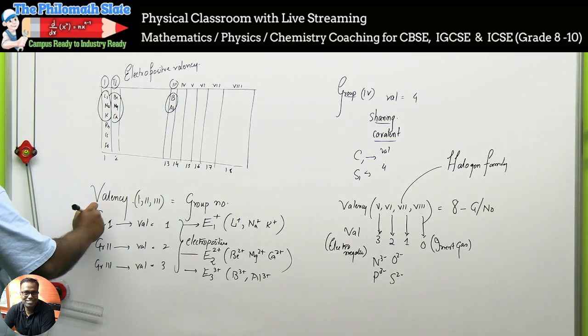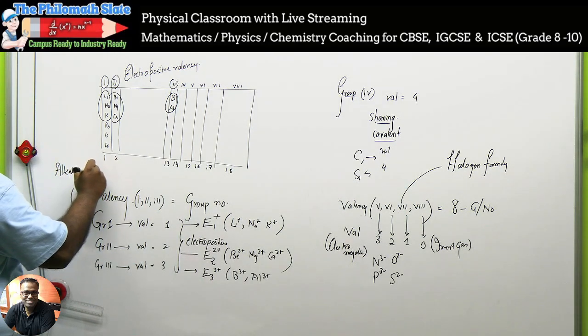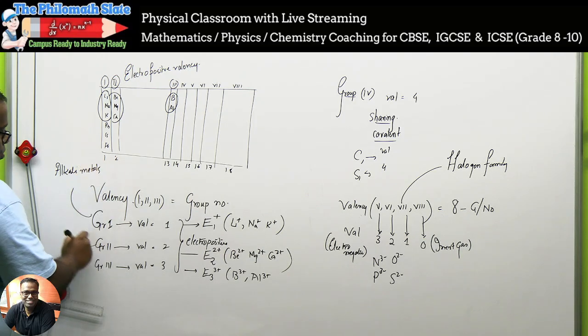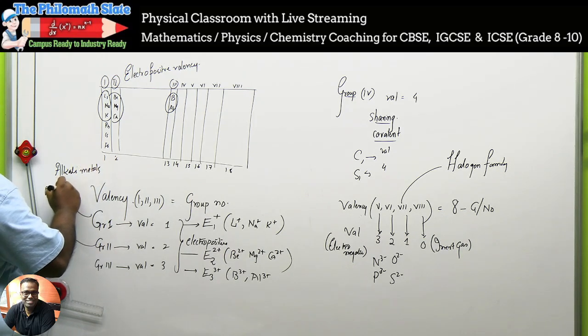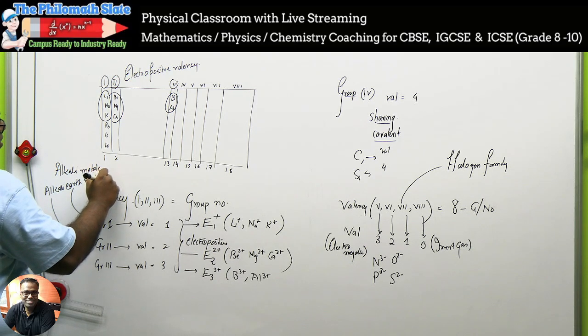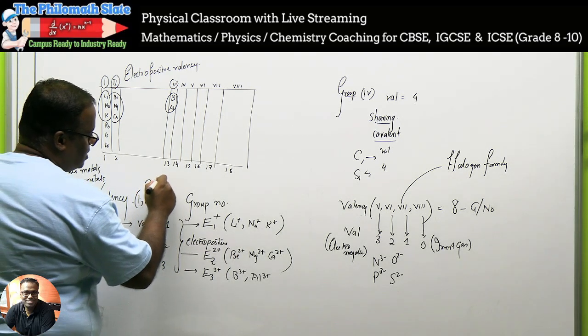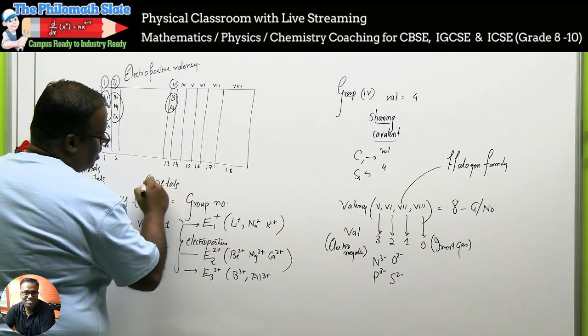Group 1 is known as alkali metals. And group 2 is known as alkaline earth metals. Means these are those alkali metals which are found in the earth. And this side is usually all metals.